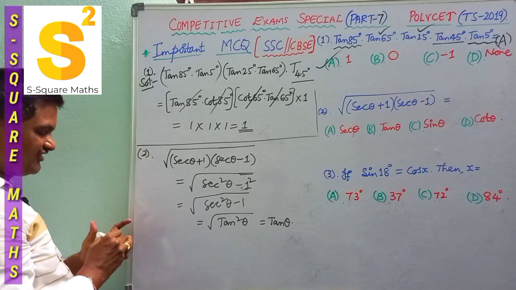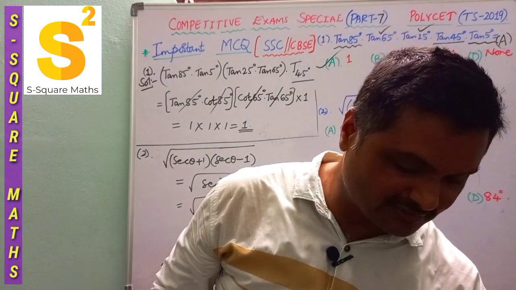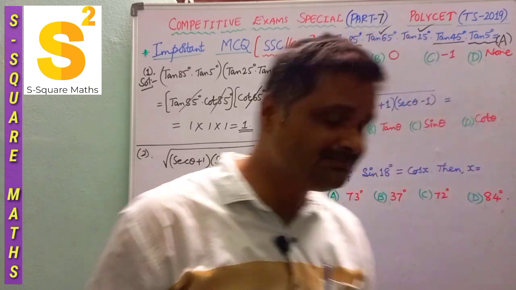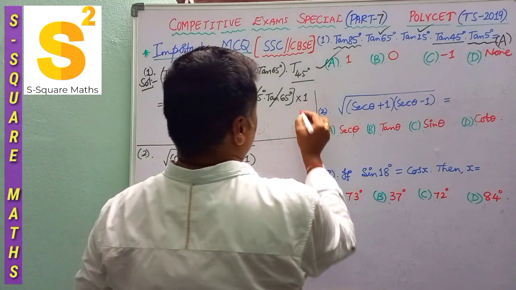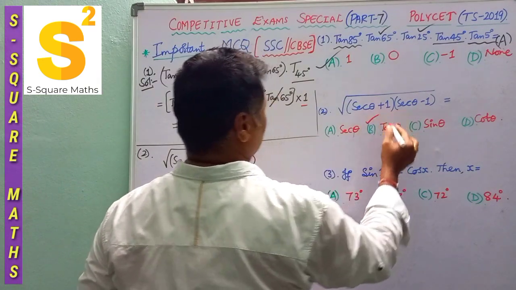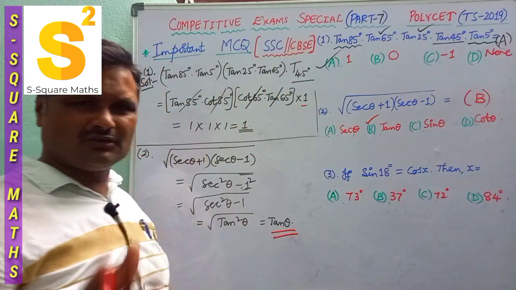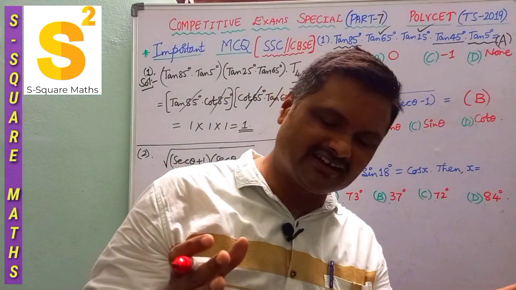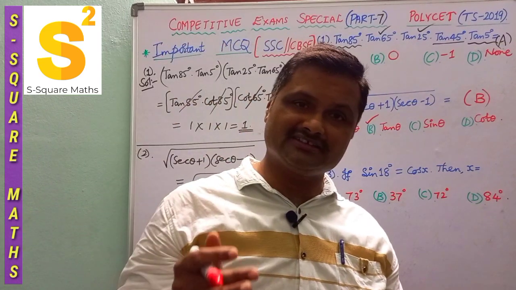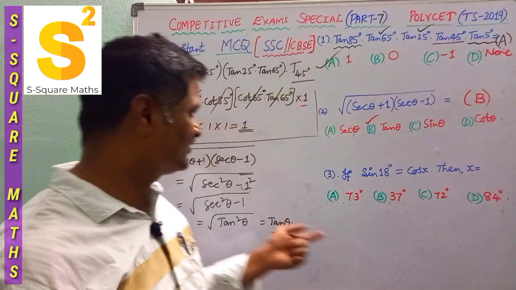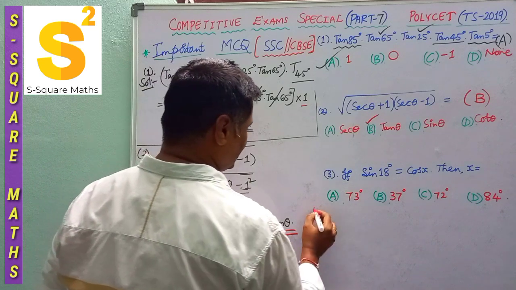So the value of the expression for the second one is tan theta, which is option B. Again, just two things: the algebraic identity a plus b times a minus b, and next, trigonometric identities.